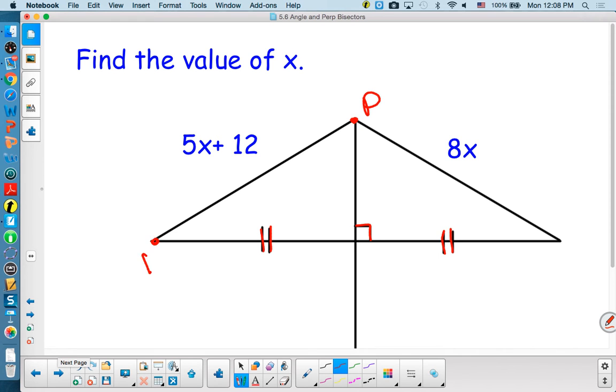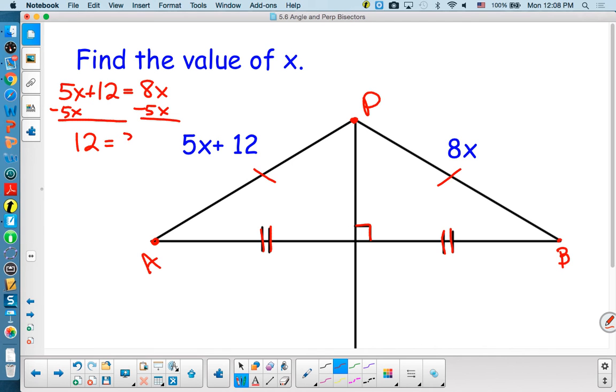So if I label this point A and this B, again, P is equidistant from points A and B. So to figure out x, 5x plus 12 equals 8x. To solve, divide by 3.